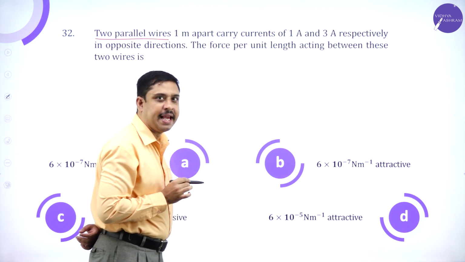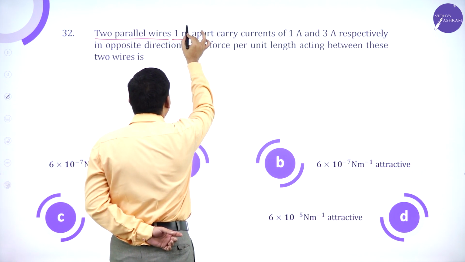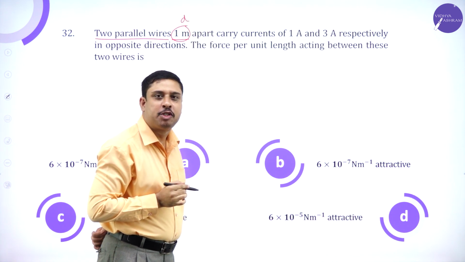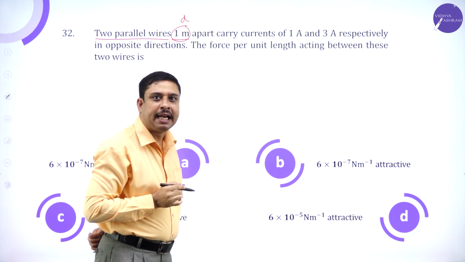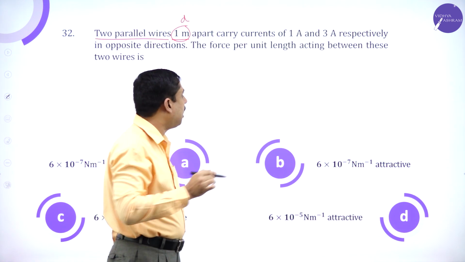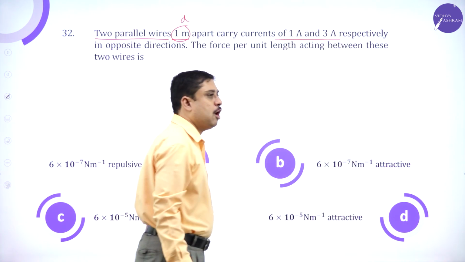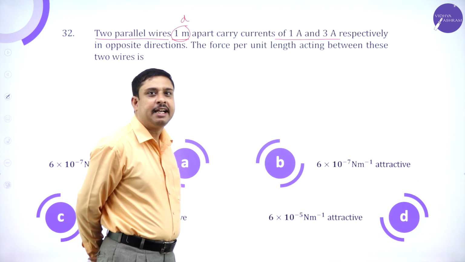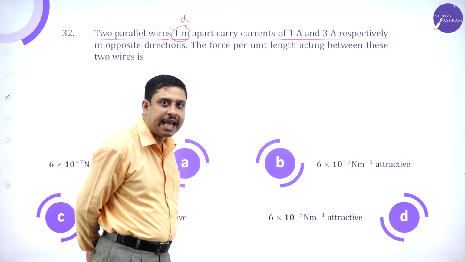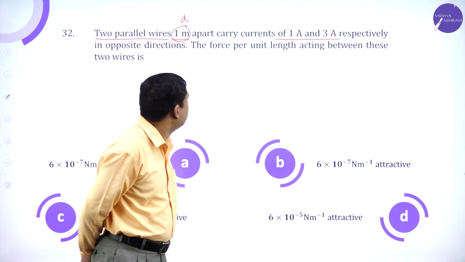2 parallel wires 1 meter apart. So the distance between 2 parallel wires is given, 1 meter apart, carrying currents of 1 ampere and 3 ampere respectively in opposite directions.